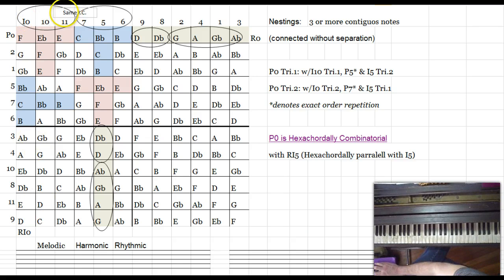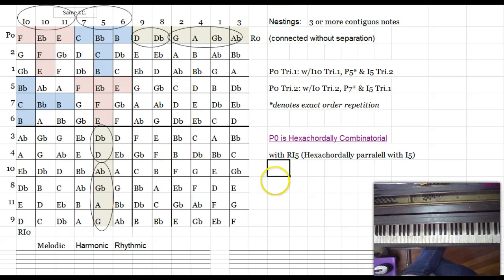We have the same exact interval classes in the first two trichords. So remember that we have indicated here with the shorthand TRI for trichord, we would use HEX for hexachord, and maybe TETR or TET for tetrachord. That would be a four-note grouping. Those are terms that we've talked about, and those are things that we should be seeking.